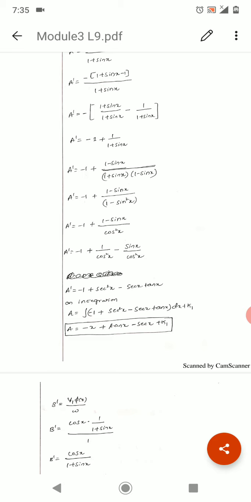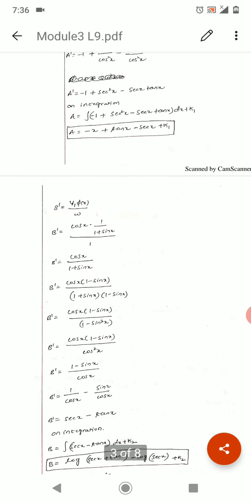So A = integration of -1 is -x, plus integration of sec²x is tan x, and integration of sec x tan x is -sec x, plus k1.